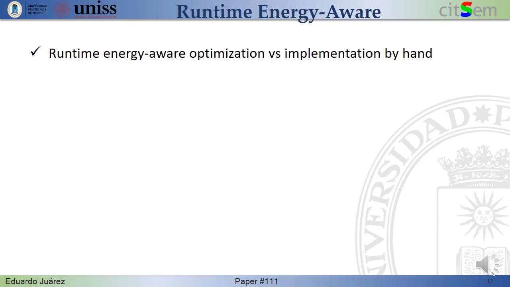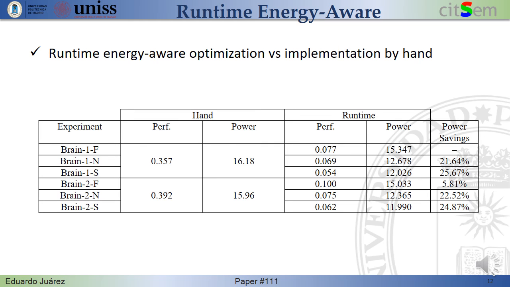In this experiment, the implementation done by hand is compared with those selected by the runtime energy-aware optimization loop on the MPPA. These results are gathered in the table where measured performance in images per second and power consumption in watts are displayed for each type of implementation and experiment. The power savings column indicates the power reduction in percentage obtained by the runtime energy-aware implementation compared to the implementation by hand.